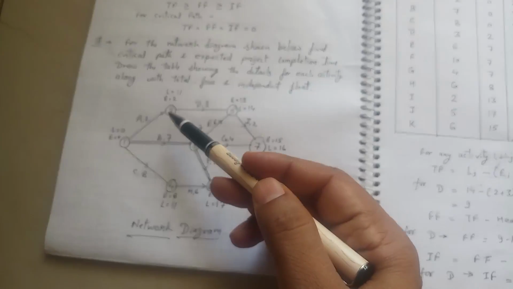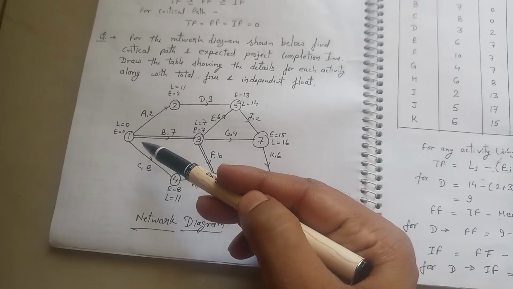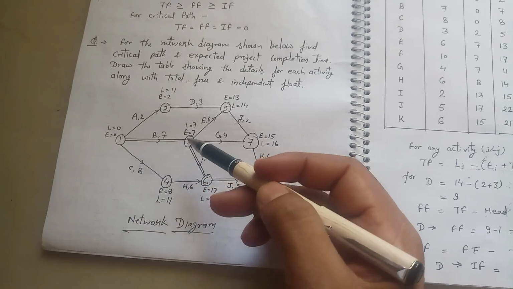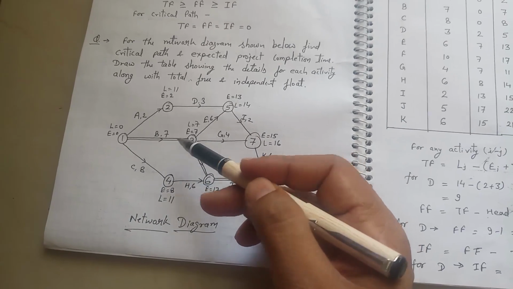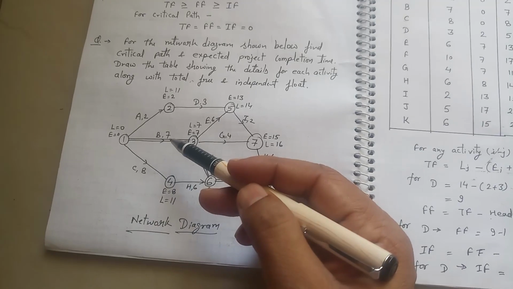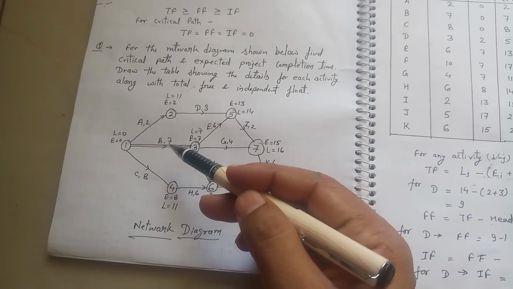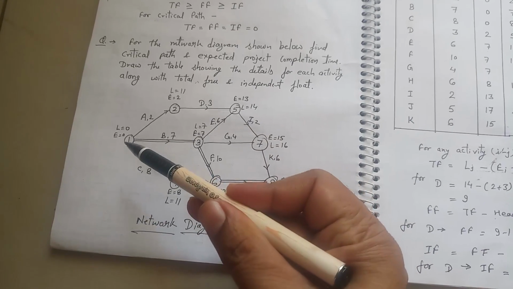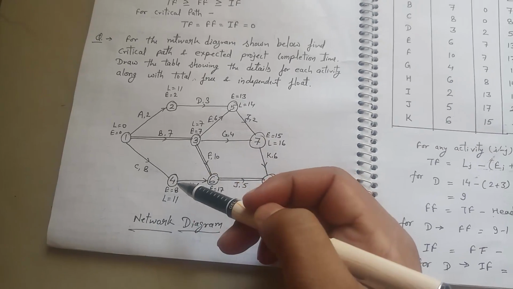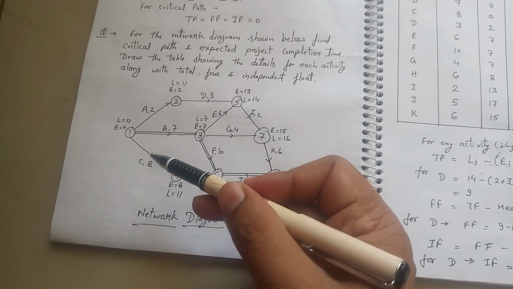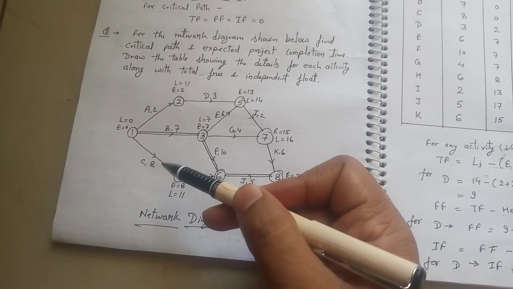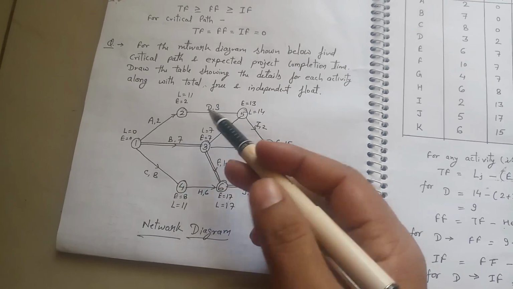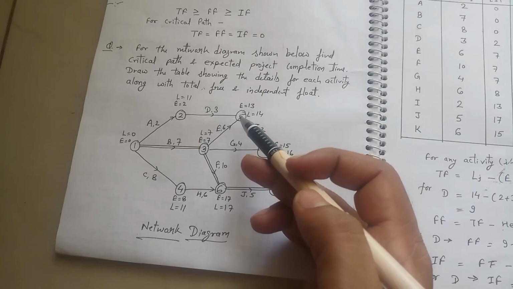Now for activity B, earliest start time is 0 and earliest finish time is 7 because activity B has taken 7, which is its expected time. And for activity C, earliest start time is 0 and earliest finish time is 8 because the expected time for activity C is 8. Now for activity D, earliest start time is 2 and earliest finish time is 13.